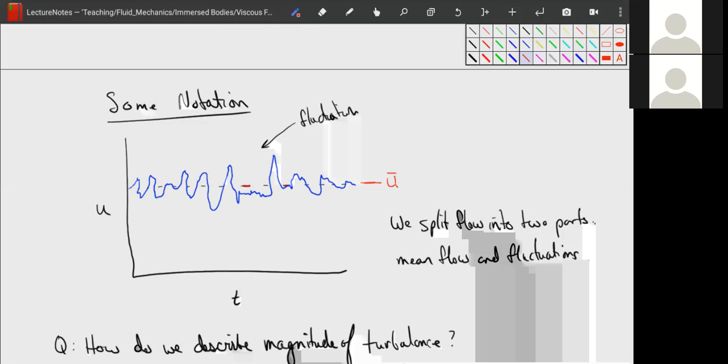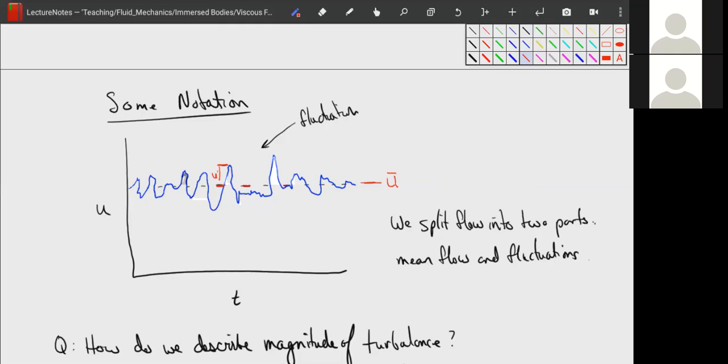And remember, lowercase u is the x component of the velocity. Right now, we're just going to focus on the x component, but you can treat all of the components of the velocity the same way, v and w. And any fluctuations away from the average, let's do that in red, I think it's a little bit more visible, are called u prime.